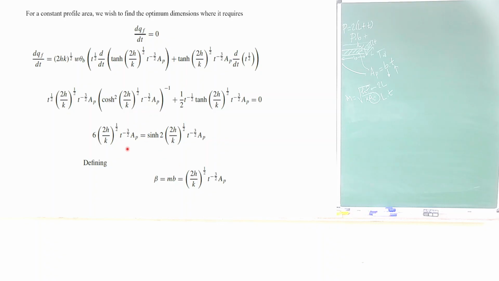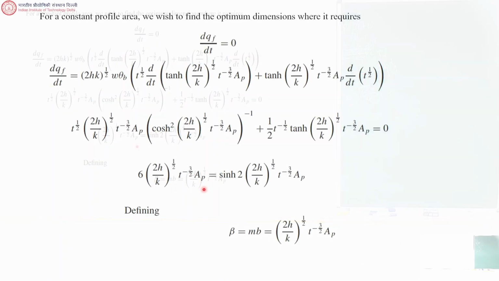So look at this: the left-hand side becomes 6 beta and the right-hand side becomes sinh 2 beta. Now we'll just plot this.